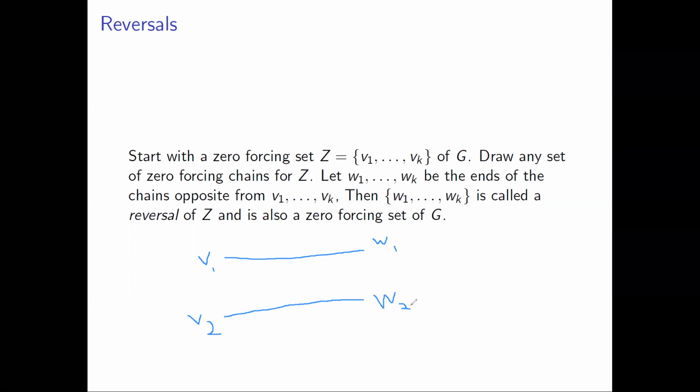Then the set of the wi's, i equals 1 to k, that's the reversal of Z, and it's also a zero forcing set of the graph.